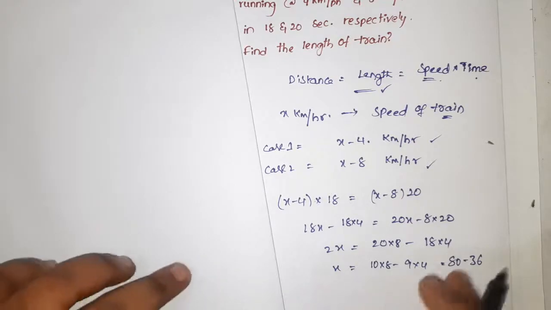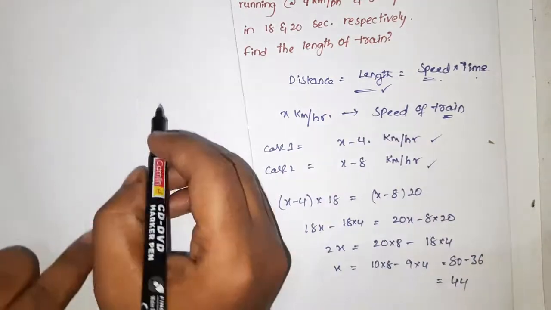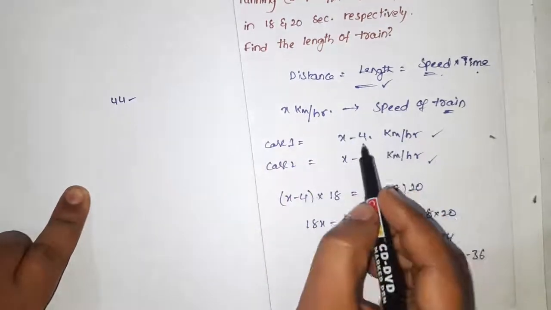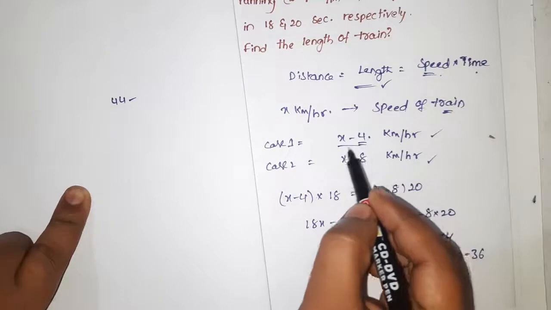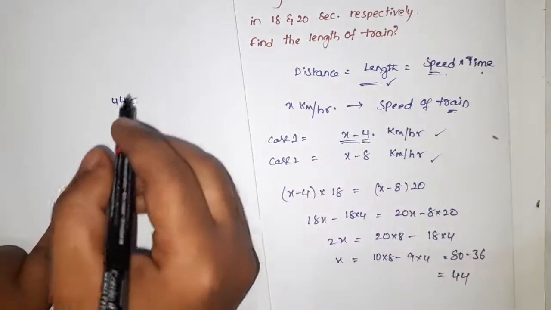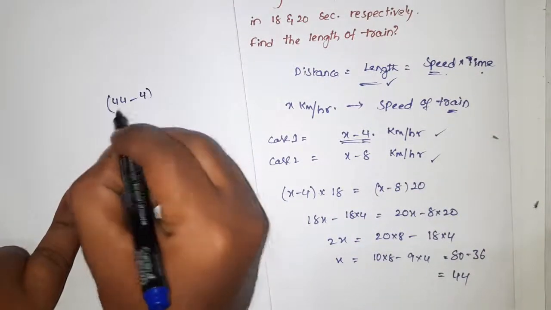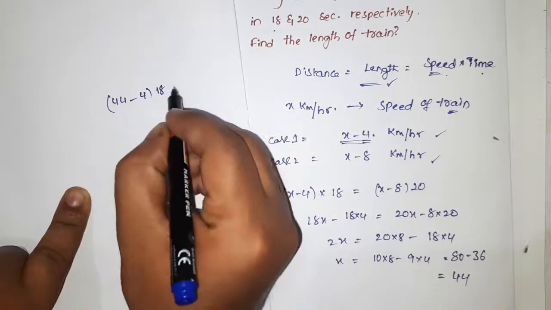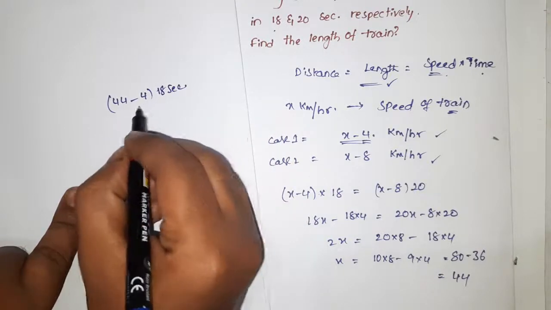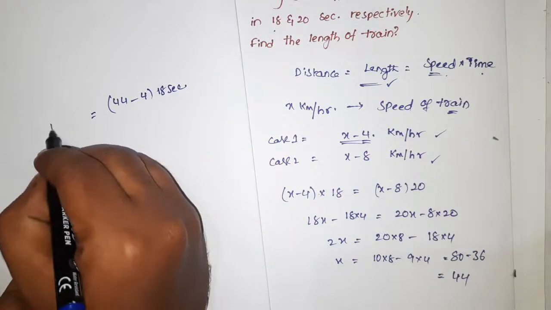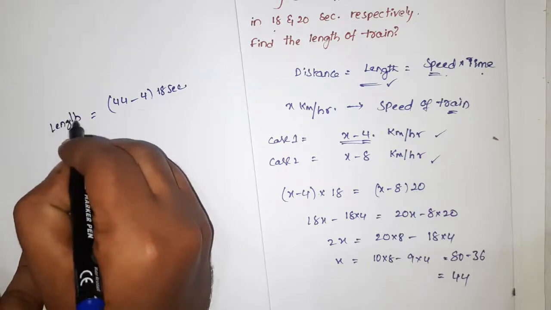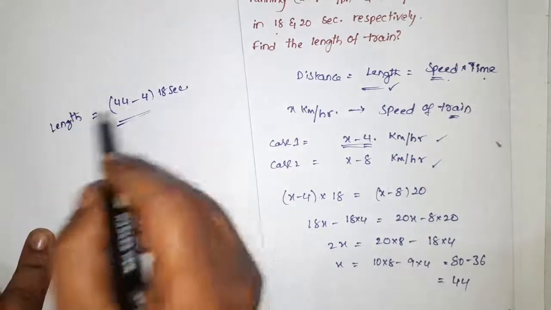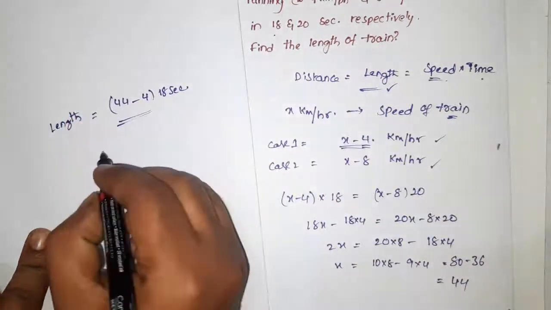Now what we can do, in case 1 we substitute the value of x: 44 minus 4 into, what is the time taken? 18 seconds. That is the length of the train. Speed is relative speed, what we got, 44 minus 4, and time is 18 seconds.